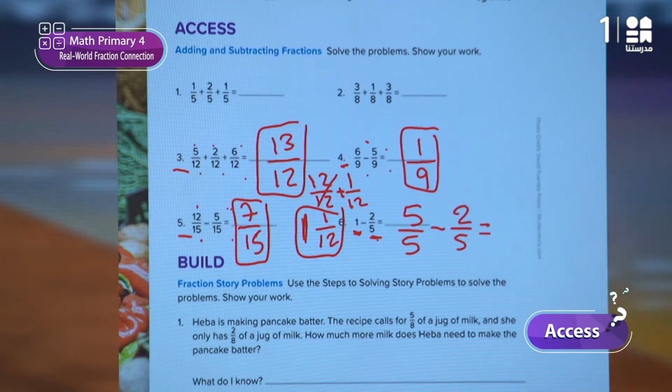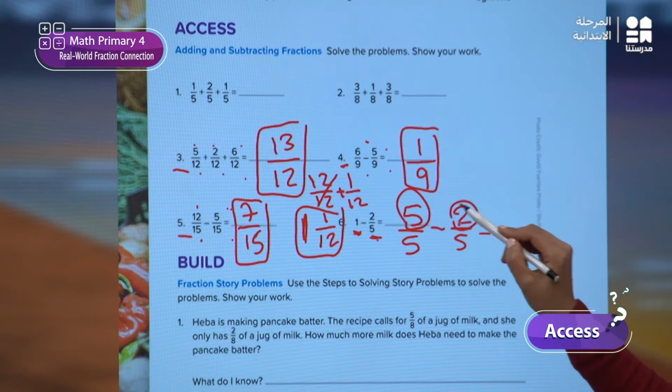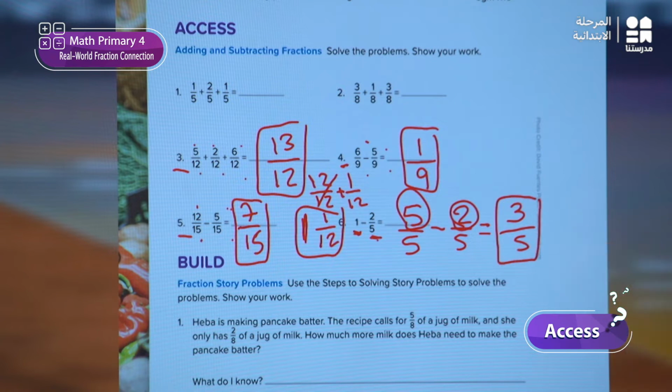What should I do then? Yes, I will keep the denominator as it is and I will subtract only the numerators. يبقى هعمل 5 minus 2 equals to 3. My fraction is 3 over 5.